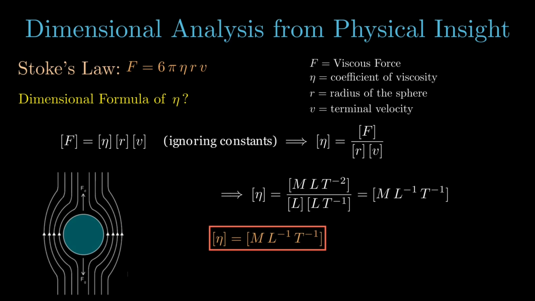So the SI unit for viscosity is kilogram per meter per second. And since 1 Pascal equals 1 kilogram per meter per second squared, this is thus equivalent to a Pascal second, which is something you can see on every data sheet of engine oil.